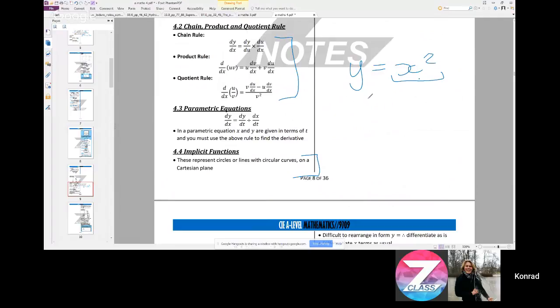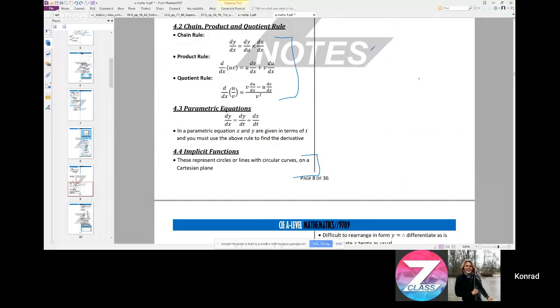But you can also think of it as: I just differentiate the whole equation with respect to x. If you differentiate y with respect to x, you get dy by dx. If you differentiate x squared with respect to x, you get 2x. And implicit differentiation is just applying this along with your chain rule to any slightly more complicated equation.